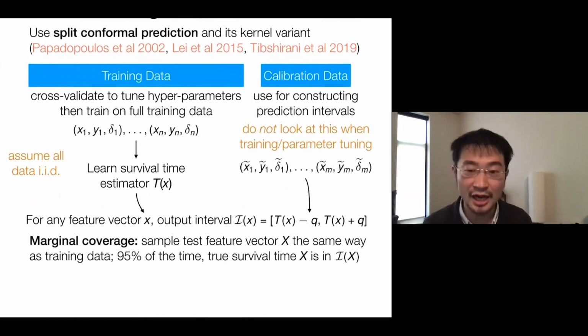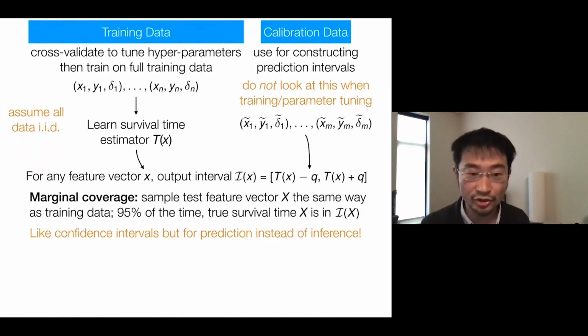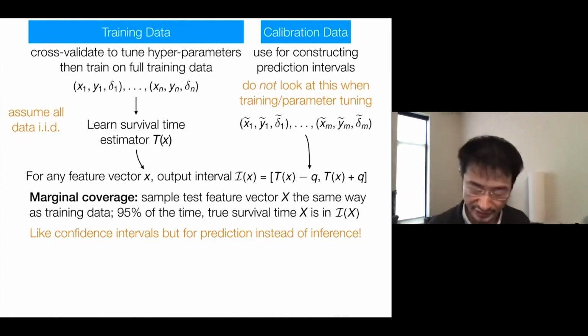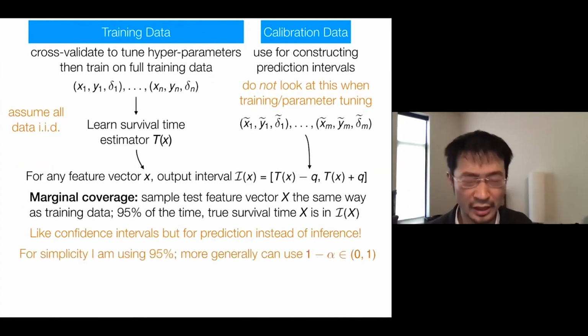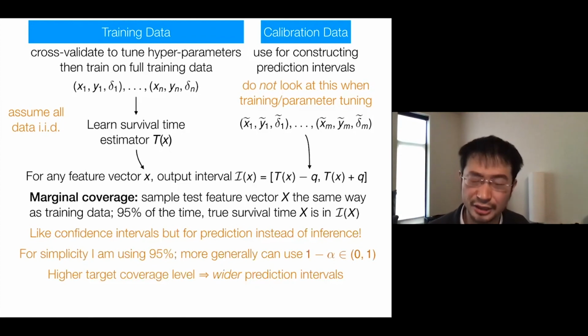So this should remind you of confidence intervals. This is exactly like confidence intervals, but it's for prediction instead of inference. Okay, and for simplicity, I put 95% here. Of course, you can have the target coverage be whatever percentage you want, and higher coverage is going to mean wider prediction interval. So, for example, if you want 99% marginal coverage, then the interval is going to become wider.